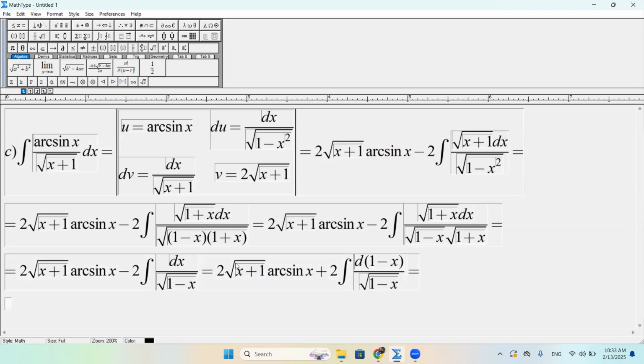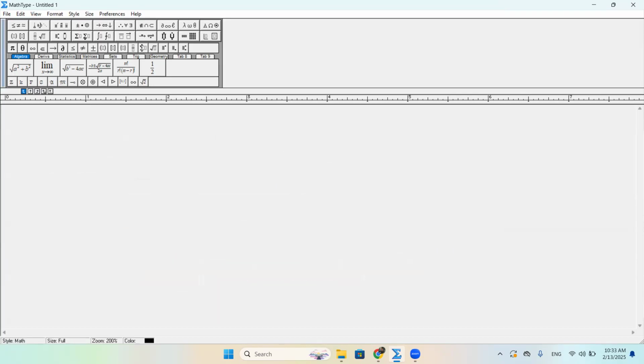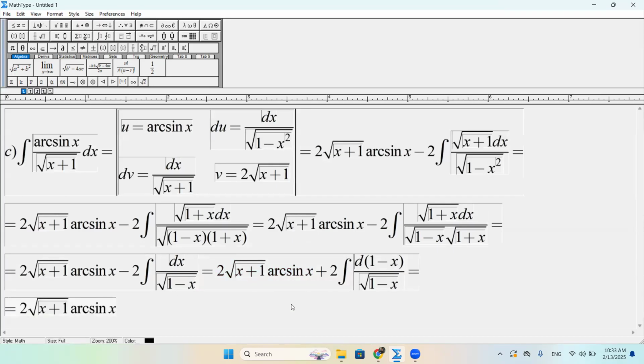So the final answer will be the following: 2 square root of x plus 1 multiplied by arc sine of x plus 4 square root of 1 minus x plus c. Any questions about this task?